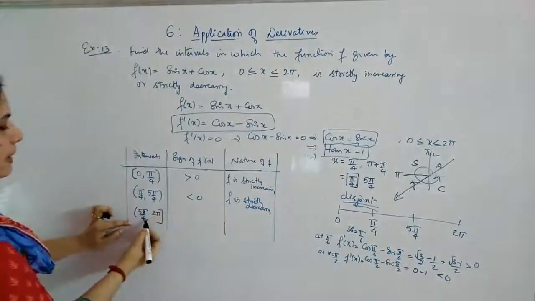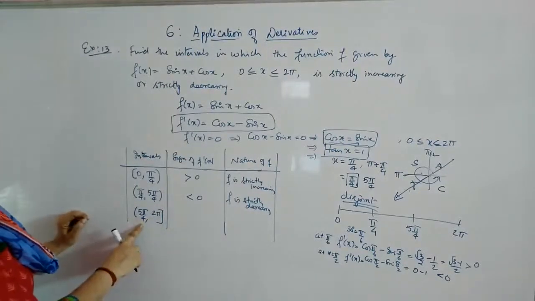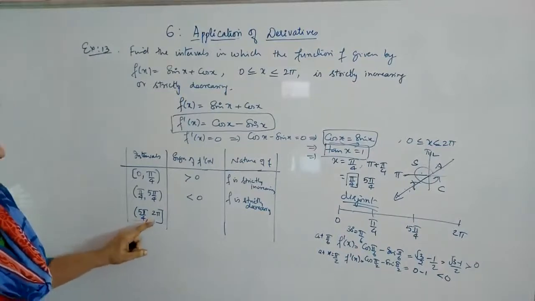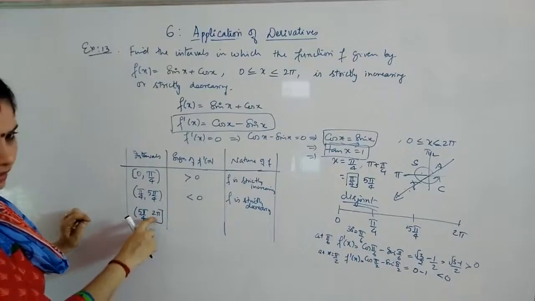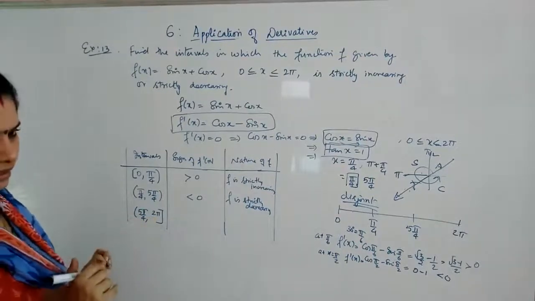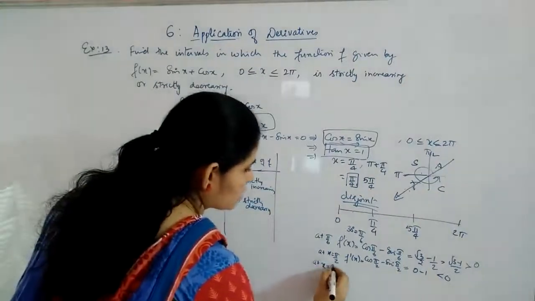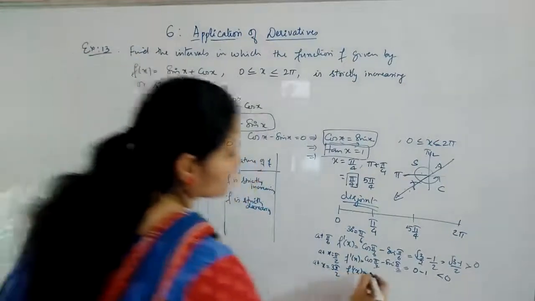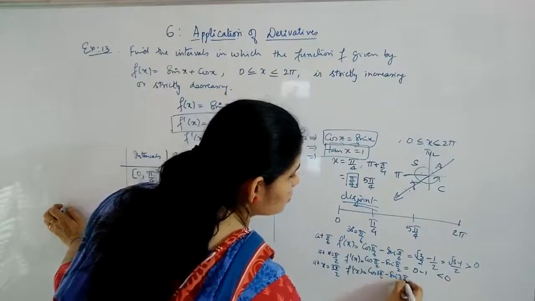Now for 5 pi by 4 and 2 pi, 180 plus 45 you are getting, that is 225. And here you have 2 pi. So in between 360 and 225, 270 you can take, whose value you know. So at 3 pi by 2 we'll check. 270 is 3 pi by 2. So f dash of x at 3 pi by 2 will give you cos 3 pi by 2 minus sin 3 pi by 2.